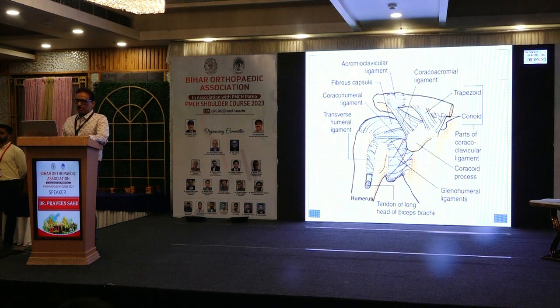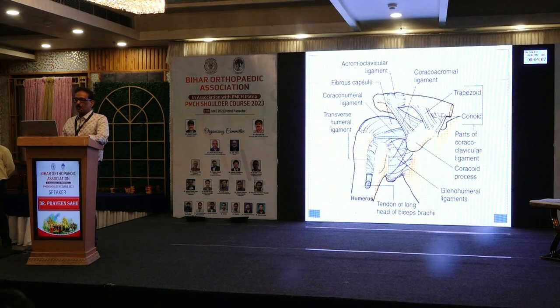The coracoacromial ligament is a very strong ligament supporting the joint from above. The coracohumeral ligament is attached to the proximal end of the humerus at the greater tubercle region, and the transverse humeral ligament lies between the two tubercles, bridging the intertubercular sulcus. The glenohumeral ligament attaches the glenoid to the humerus, mostly anteroinferiorly.